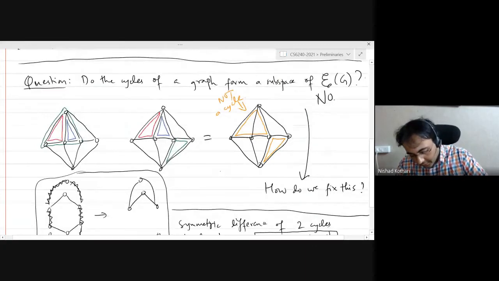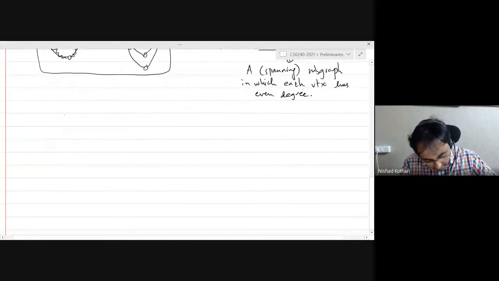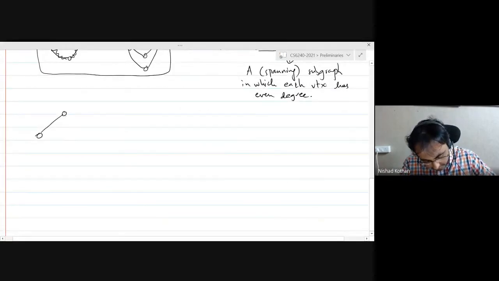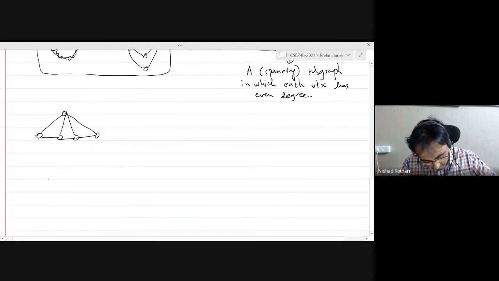You can think of this orange colored subgraph as a spanning subgraph. Well, this is already spanning. Too bad. Let me make a more interesting example. I don't want to make it spanning, so let me make something more interesting.